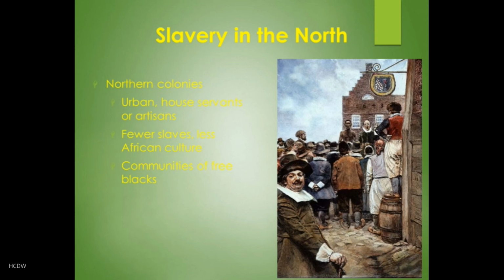Slaves in the northern colonies tended to be concentrated in the cities, with the exception of some stretches, particularly in upstate New York, where in some instances there were gangs of slaves that worked in the fields. In the north, they tended to be either house servants or artisans working at a variety of trades. And the typical slave owner only owned 1 to 2 slaves as opposed to perhaps dozens in the South.